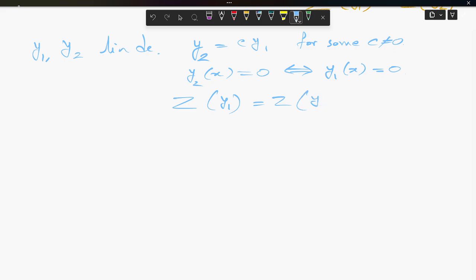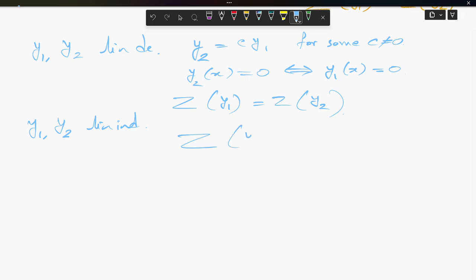Okay. So now case 2 will be if y1 and y2 are linearly independent, then by the Sturm separation theorem their zeros interlace, and hence they cannot share any common zeros unless they are identical, which would make them linearly dependent.